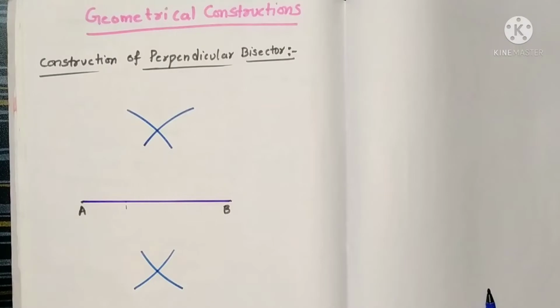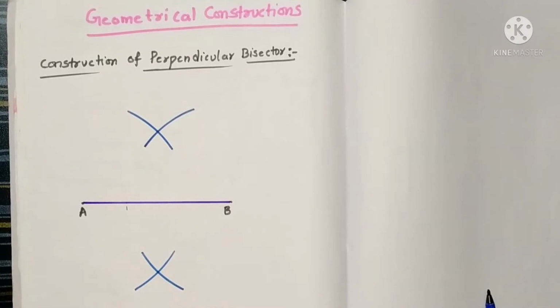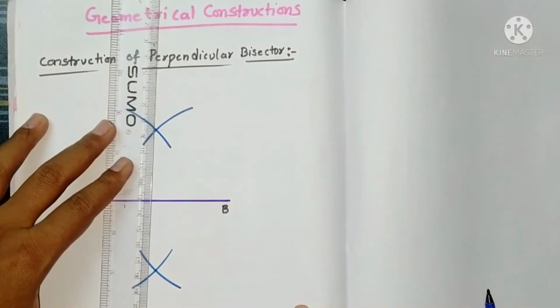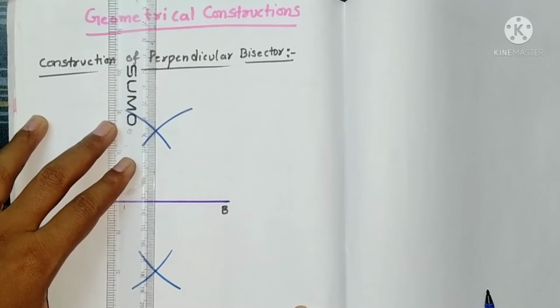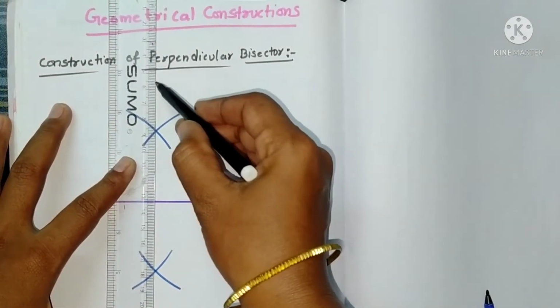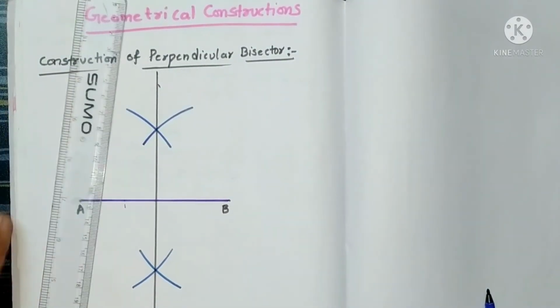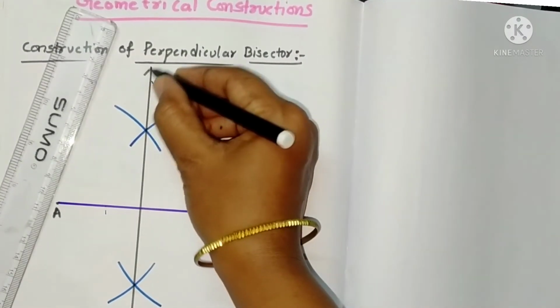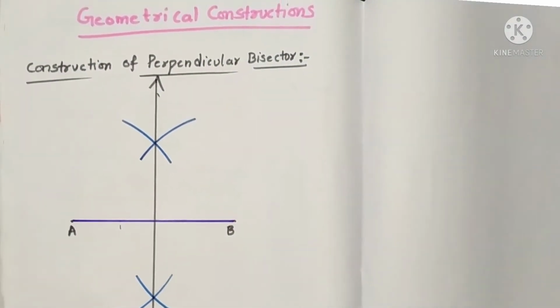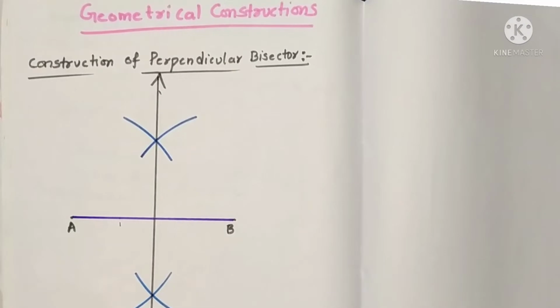Now these two arcs intersect at one point, right? So draw a line by joining these two intersection points of the arcs. This is called the perpendicular bisector to this line.